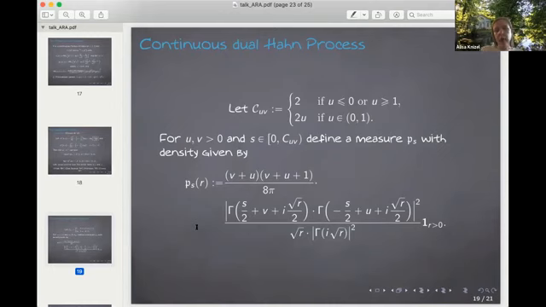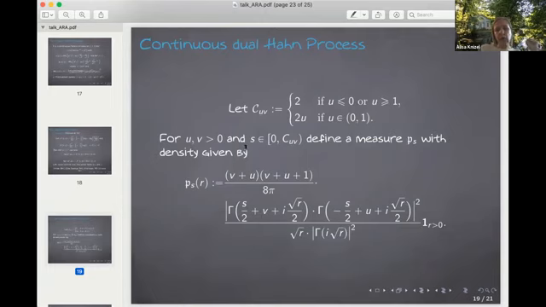So again, for simplicity for this talk, we assume that parameters U and V are positive. We restrict ourselves to a certain interval of time.